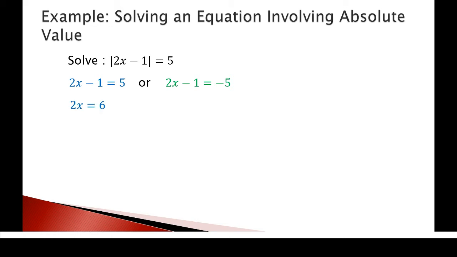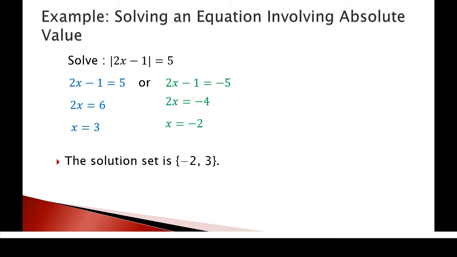Then consider each equation and solve for x. Then you will have negative 2 and 3 as the solution set of the equation absolute value of 2x minus 1 is equal to 5.